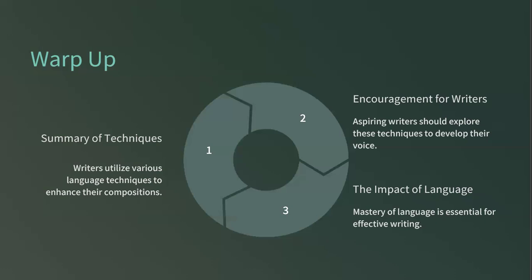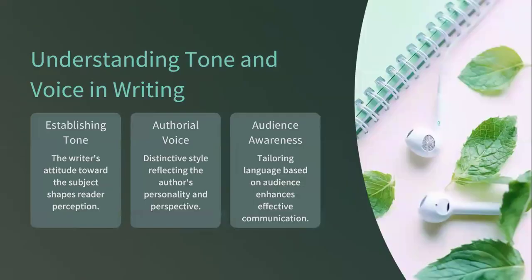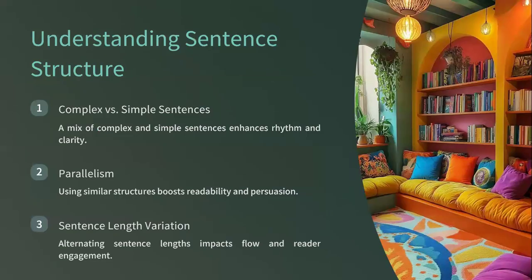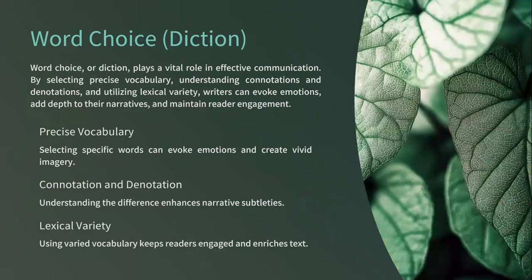Let's talk about what the particular need is to understand this use of language. Remember, the use of language is not only necessary for your paper number one, which is your reading paper. It's also necessary for your paper number two, which is your writing.